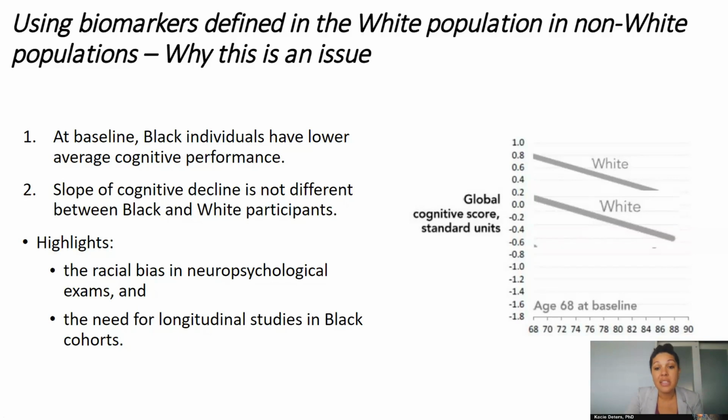It also highlights the need for longitudinal studies in Black cohorts, because again, if we look at the slope between the two, they are identical, which does suggest that the neuropsychological test is measuring the same cognitive function in Black as it is in white individuals. However, longitudinal studies are really needed to see any of that effect.